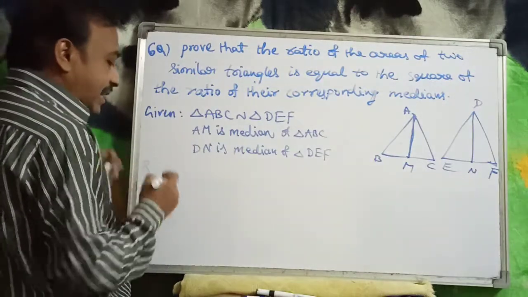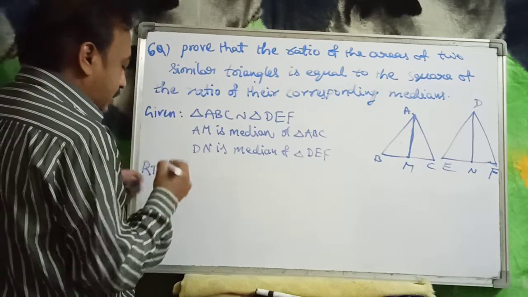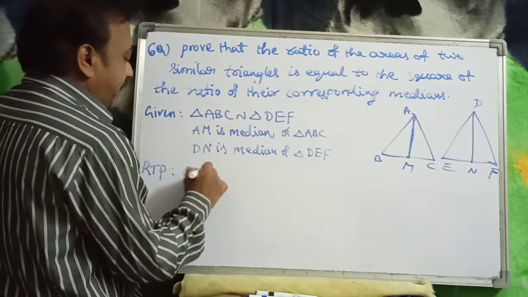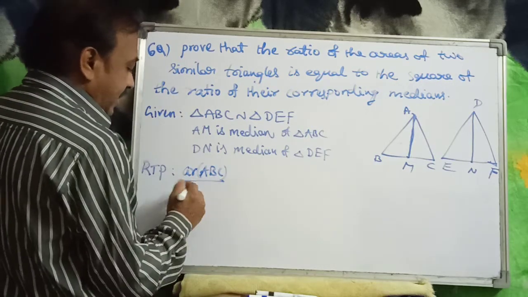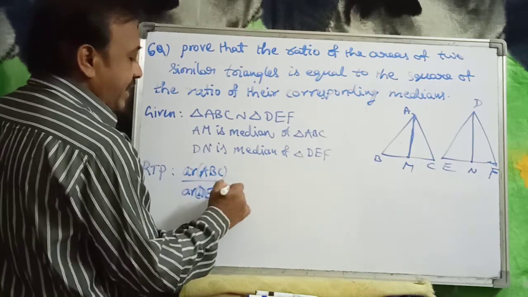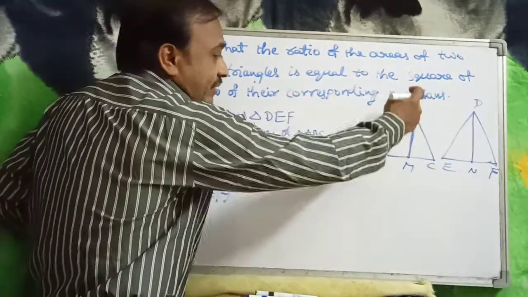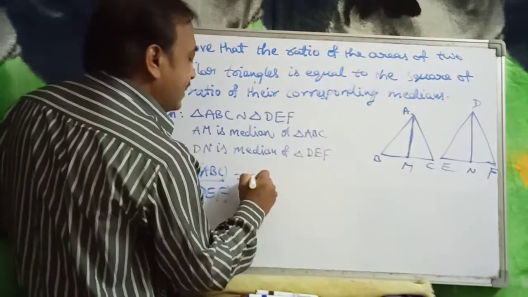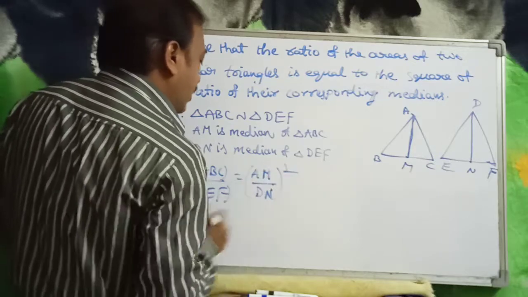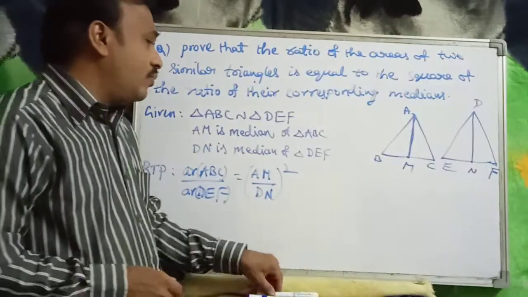We have to prove, required to prove, that the area of ABC by area of DEF, the ratio of those two triangles' areas, is equal to the square of the ratio of the corresponding medians, that is AM by DN whole square. This is given. Now proof.